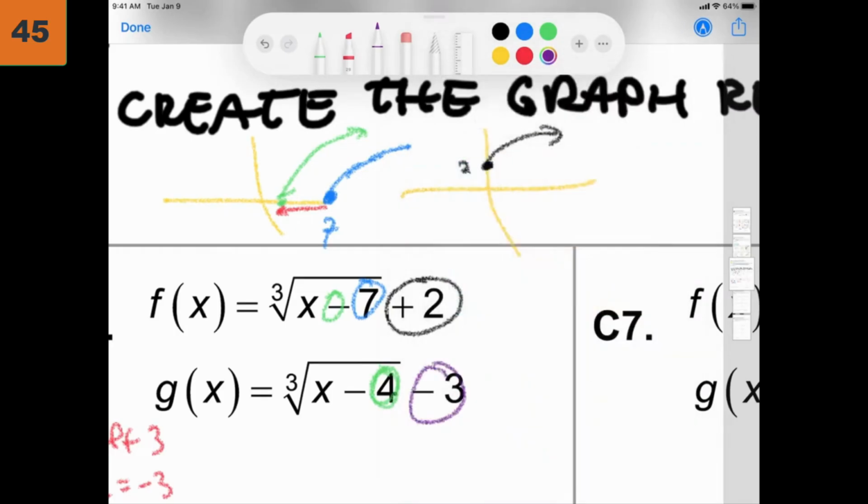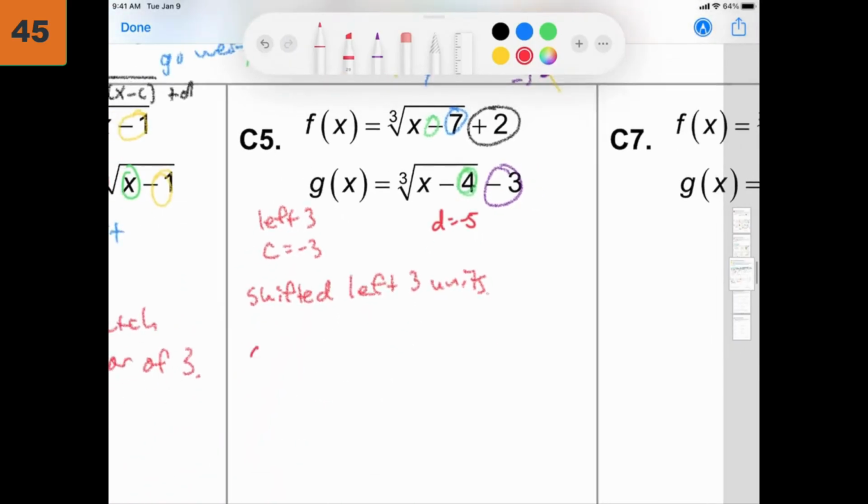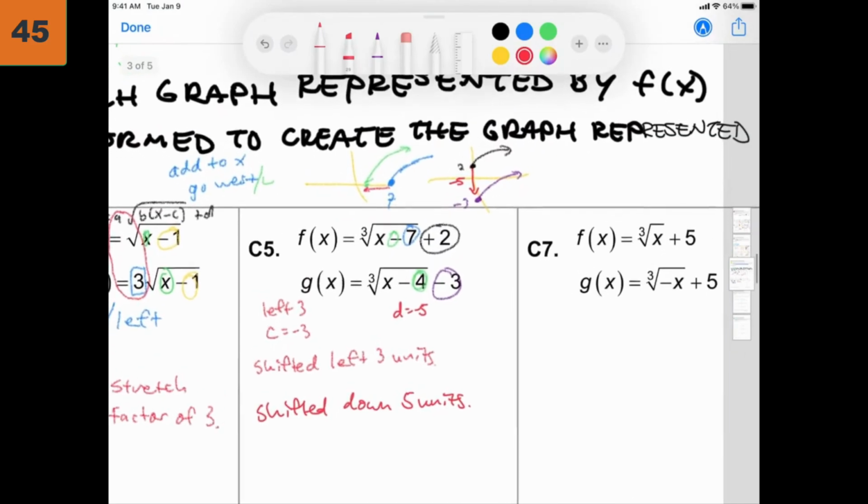Okay, this one's at -3. So again, you're going from 2 to -3. Well, what's the difference there? You're going down 5. So D equals -5. That means you're also being shifted down 5 units.